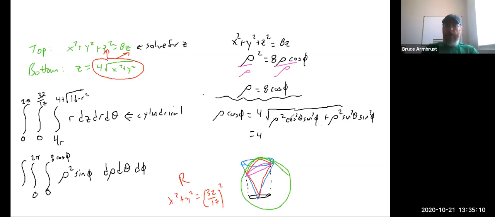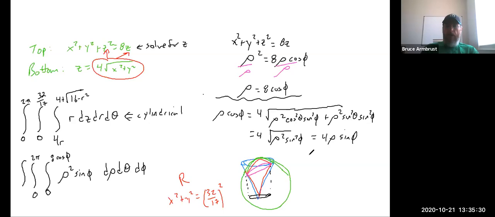Well, you notice the cosine squared theta, sine squared theta, factor that out. That's going to be 1 times, so we get the square root of rho squared sine squared phi. The square root of that, of course, is rho sine phi.